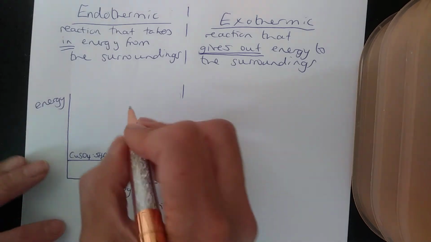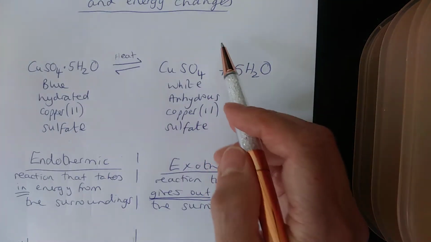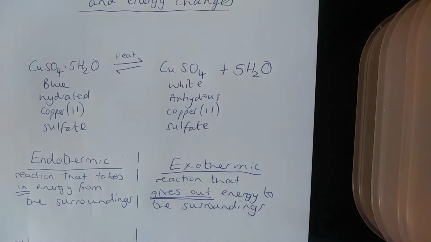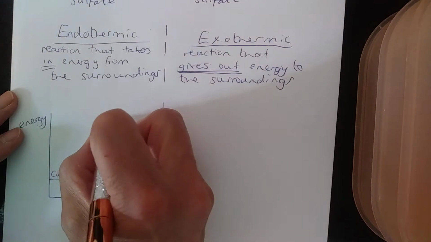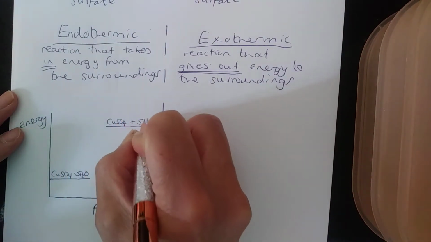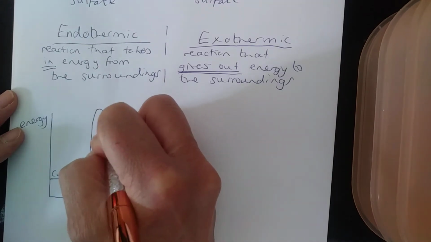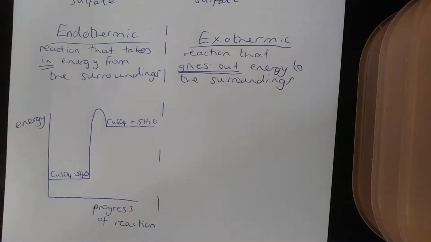And then we take our products, which is our anhydrous copper(II) sulfate and 5 water molecules. So we've got our anhydrous copper sulfate and our 5 water molecules. We can draw an energy profile like that.